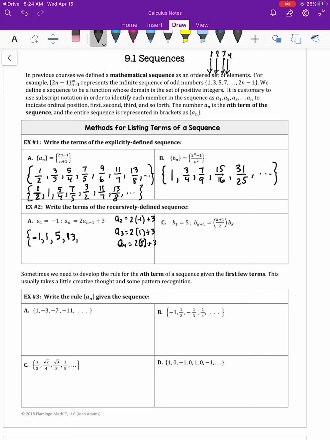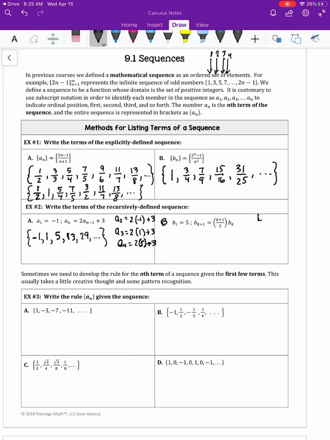I get 13. If I wanted to find my fifth term, I would have to put my fourth term in. And so I would get 29. And then I'm just going to go on. Okay?